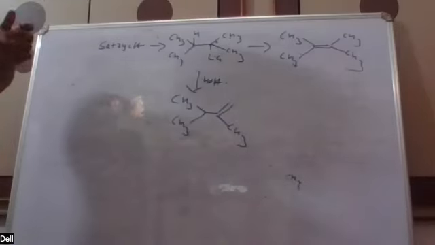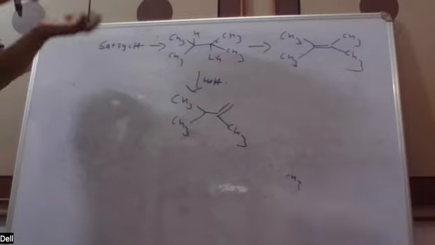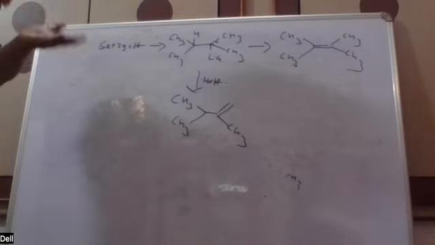Next point is, what is the difference between E2 and SN2? E2 elimination and SN2 substitution are both bimolecular reactions, but nucleophilic substitutions are different from eliminations. In E2 there will be a formation of an alkene, but in the SN2 reaction we again get a saturated substrate, but with a different nucleophile.